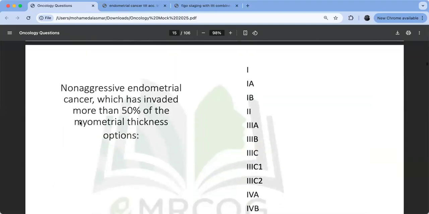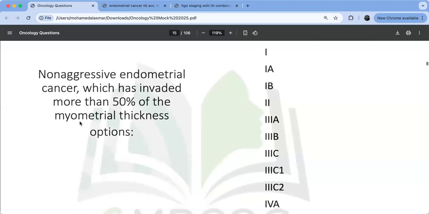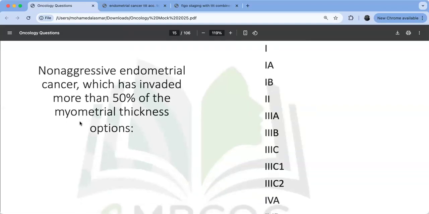Non-aggressive endometrial cancer, which invade more than 50% of myometrial thickness. What is this?